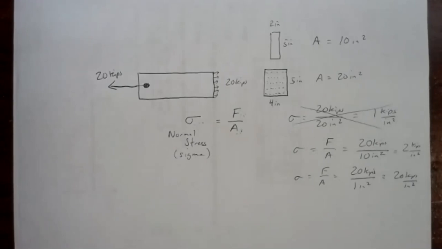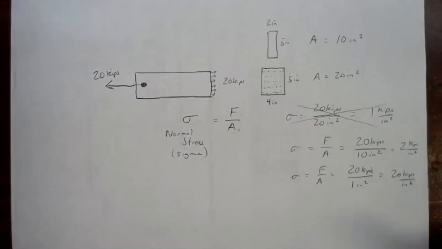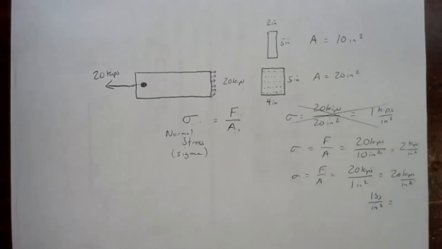Now, one thing before we go back to the slides, the units here. We're dealing with kips per square inch, but that could just as easily be pounds per square inch. And most of you have been through the A&P program, so you know that pounds per square inch can be written in shorthand as PSI.